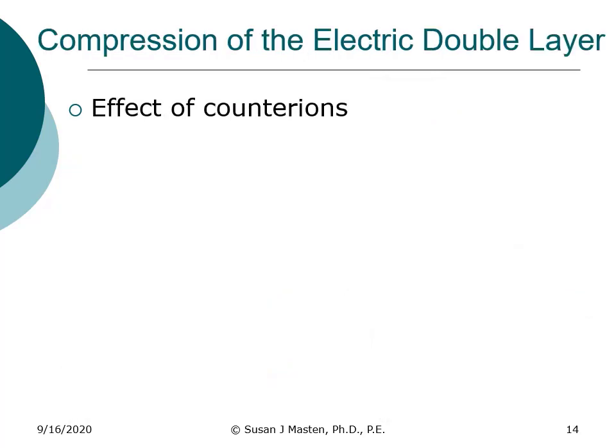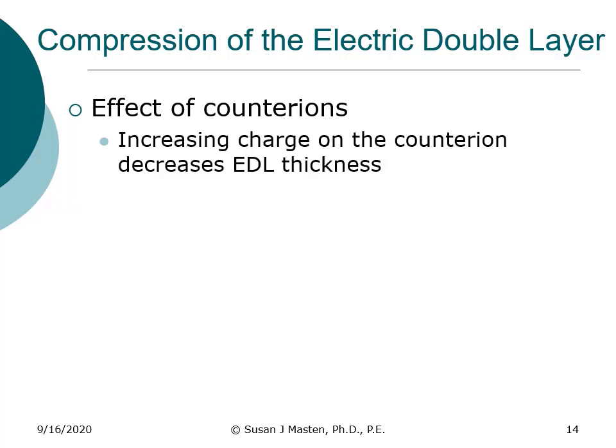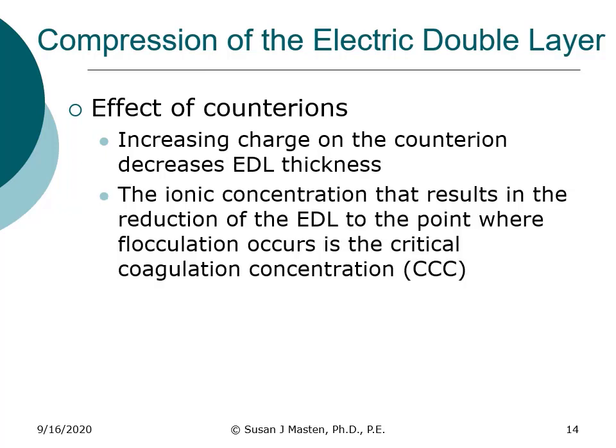So we can look at the effect of counterions on this compression of the double layer. And one of the things we find is that increasing the charge on the counterion decreases the electric double layer thickness. So if we start with sodium, and then we look at calcium and, for instance, aluminum.